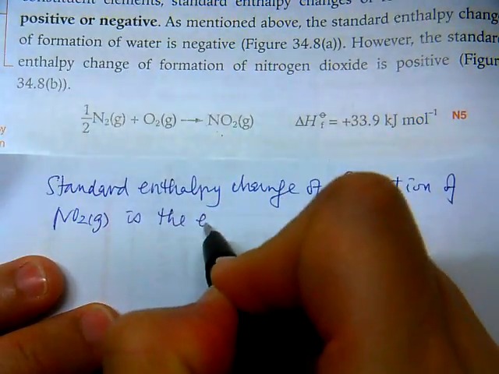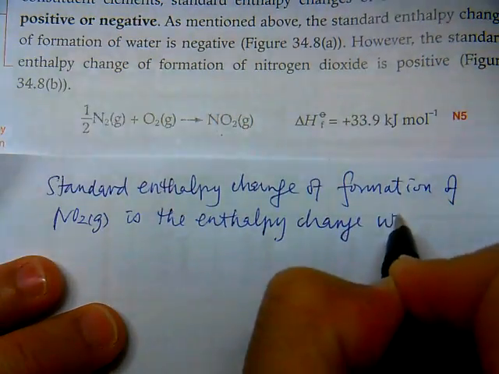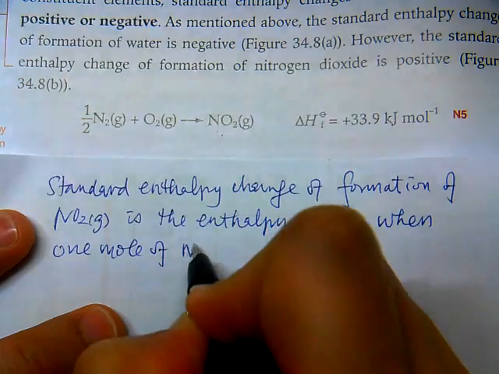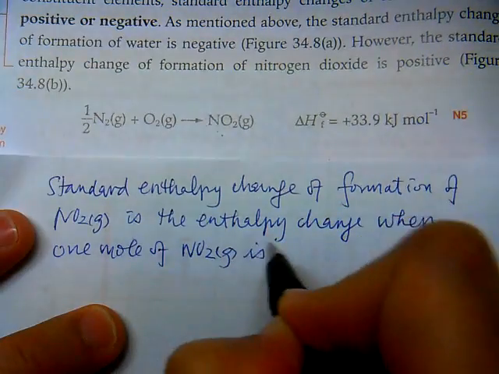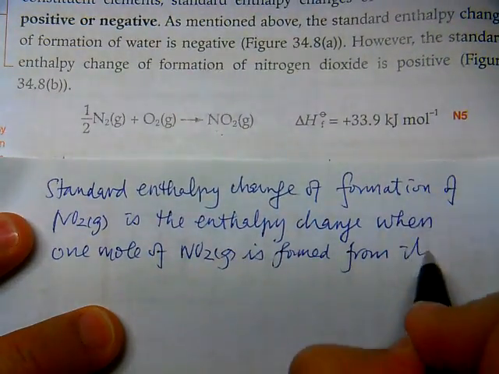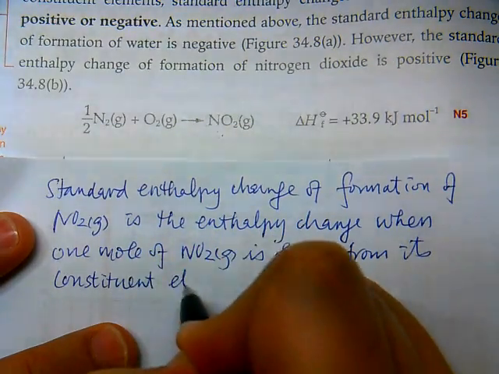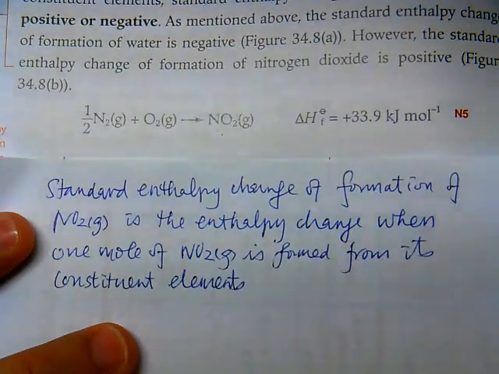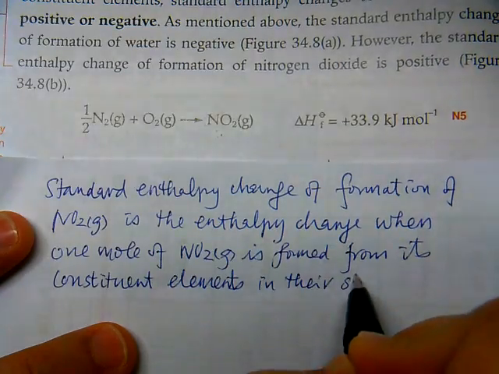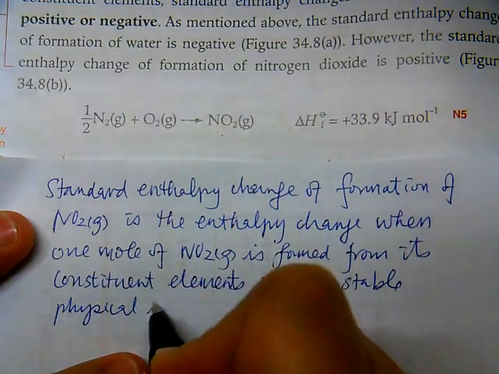It is the enthalpy change when 1 mole of NO2 is formed from its constituent elements. Elements are N2 and O2 in their stable physical state. I will explain this sentence later, okay?